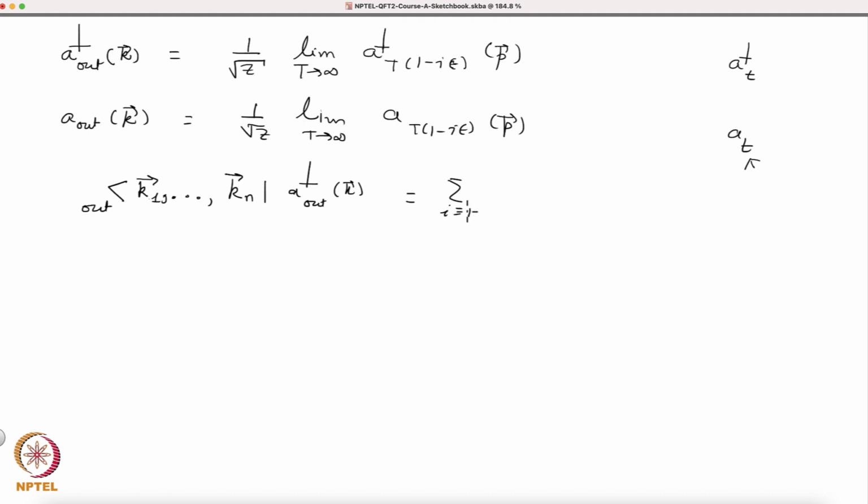So similar to the case for in states, you will get 2 omega k_i square root times delta cube (k minus k_i), and then you have this state which has label k_i absent.